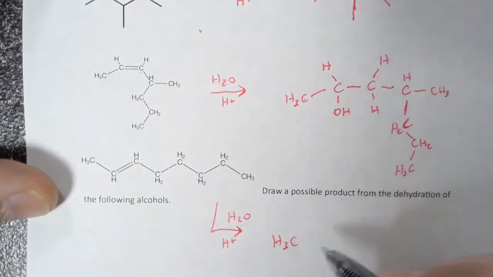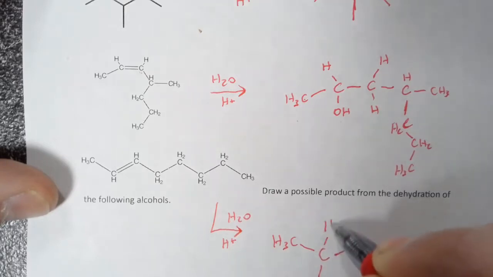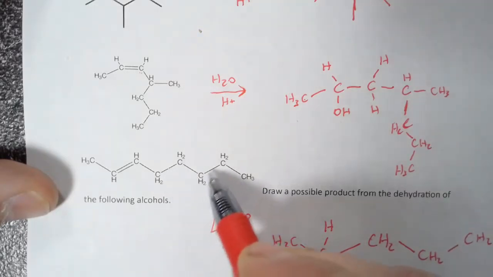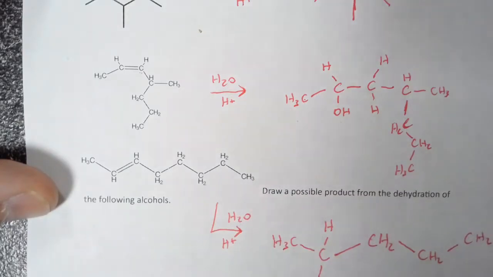We have the H3C down to this C, and remember that double bond goes away. So I'm going to go ahead and draw the OH here and H up there, and then this one would be a CH2, and then all the remaining CH2s. So it's 1, 2, 3, 4 CH2s, and then a CH3 at the very end.